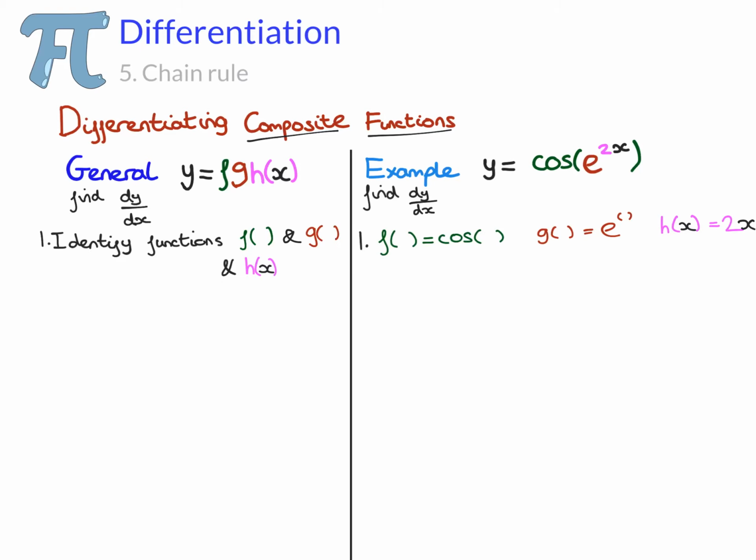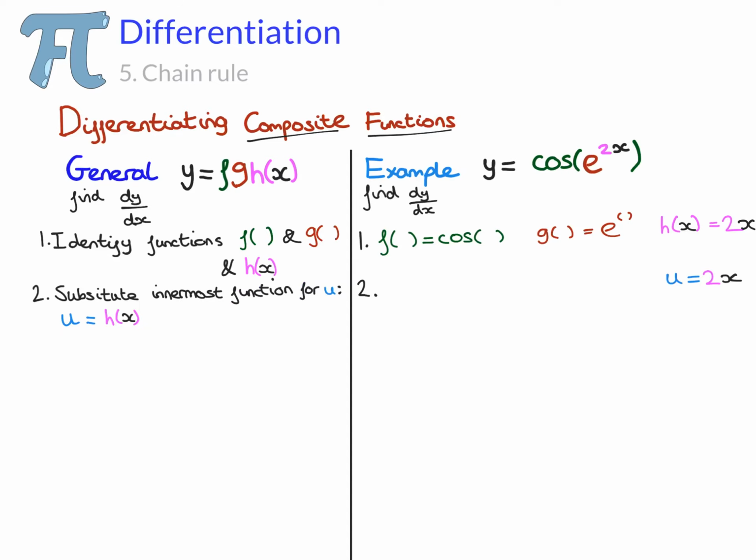We identify the functions h of x, g, and f by themselves, looking for the standard functions which we know how to differentiate. H of x is going to equal 2x, the function g is e to the power of, and the function f is just cos.